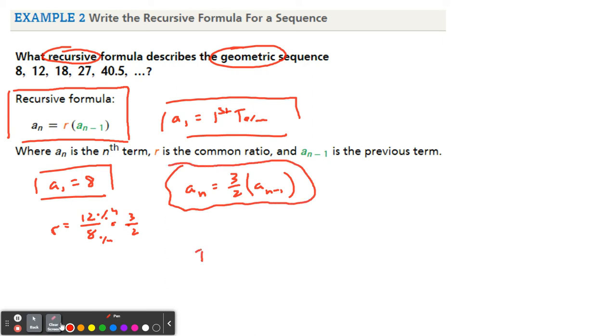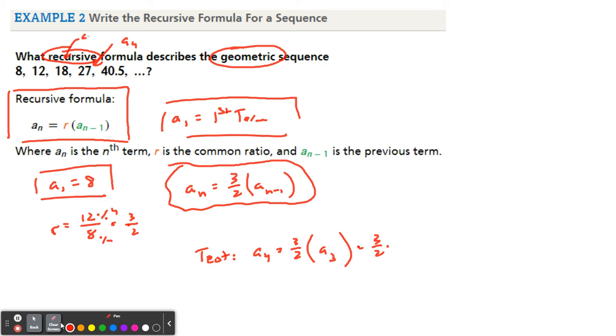Now, again, just to test this out, right? Just to test, let's find the fourth term. So 27 is the fourth term. So let's let n be 4. So a sub 4 equals 3/2 times a sub n minus 1. 4 minus 1 is 3. So we're going to take 3/2 and multiply by this third term.